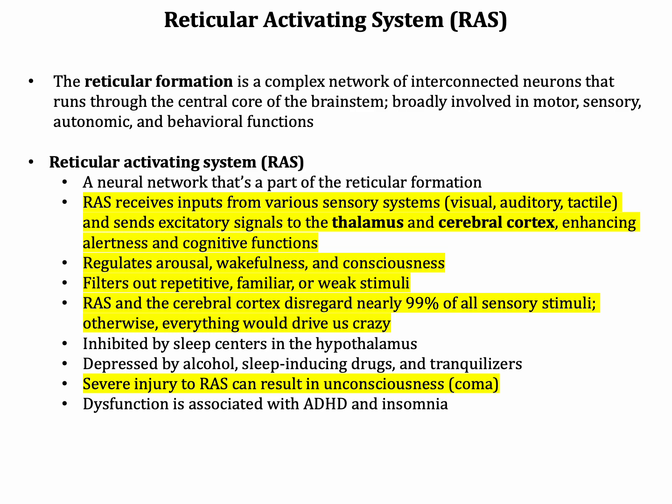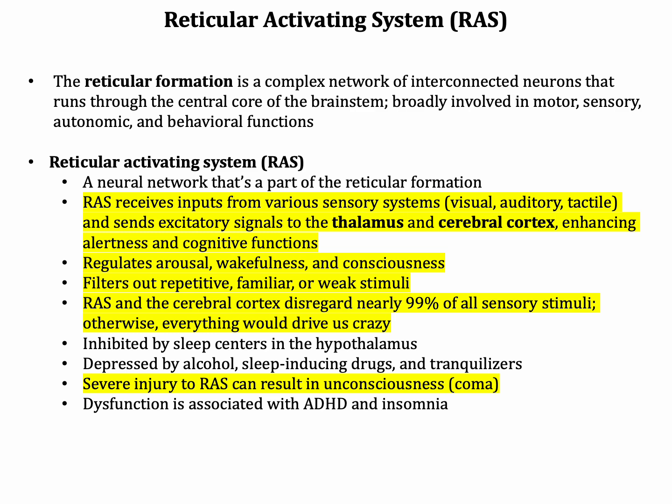Another functional system is the reticular activating system, or RAS. And this refers to a network of neurons that are receiving input from many different sensory systems and sending that information up to the thalamus and to the cerebral cortex. So it really plays a role in alertness, keeps us awake, conscious, aroused, but also is really important for filtering out repetitive or weak stimuli.